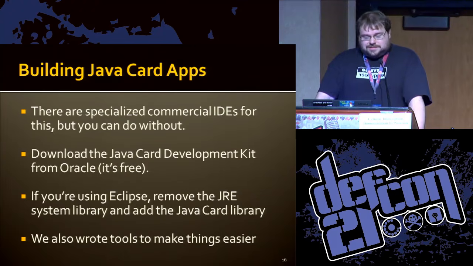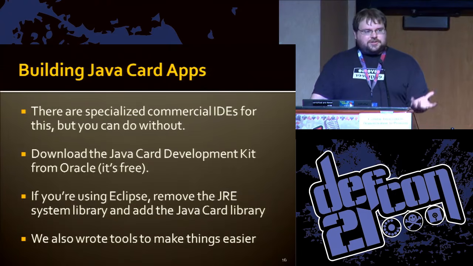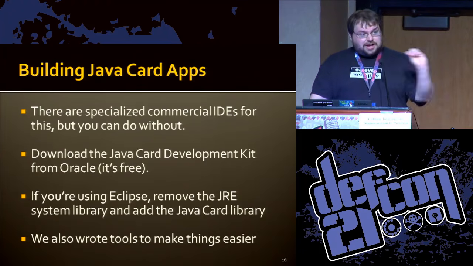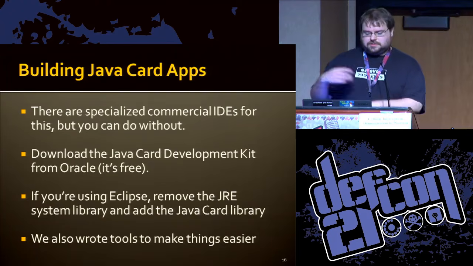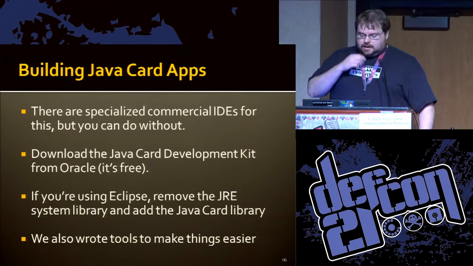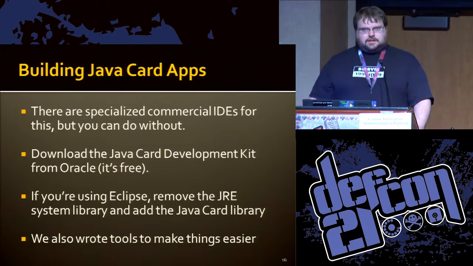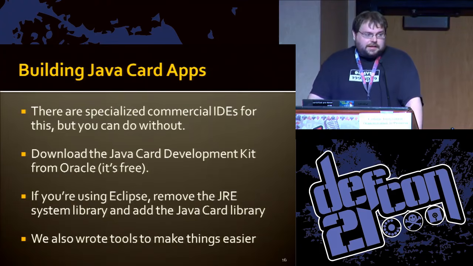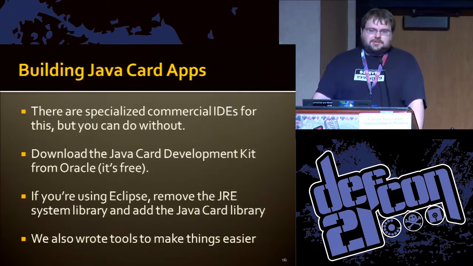You can actually build these with Eclipse. What you have to do is remove the standard Java runtime library and add in the Java Card runtime library so it knows about the right classes. And then you have to do some craziness with the command line. But we made some tools to make this whole process easier.